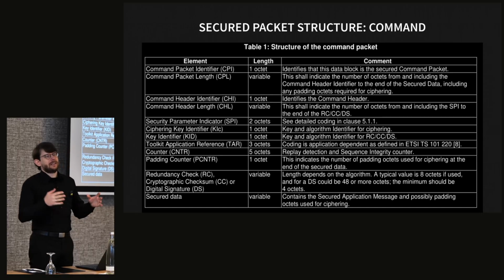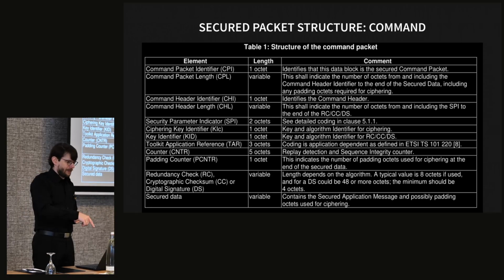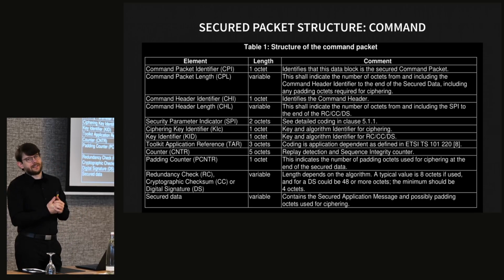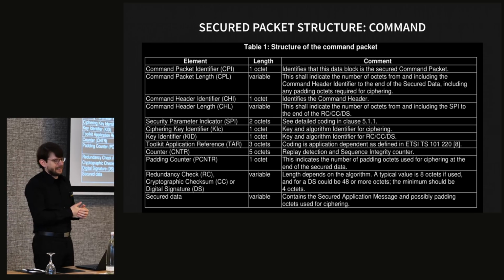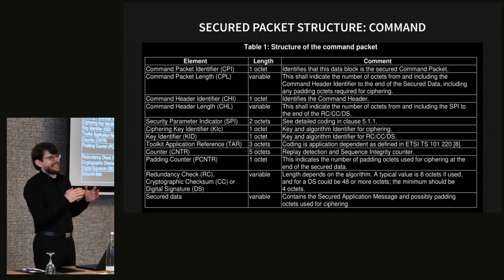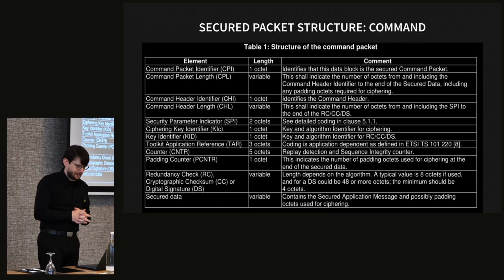So when you install a Java applet on a card and you want it accessible over this secured remote command packet mechanism, then you also need to configure the TAR, not just an AID. The TAR, which I think is 3 octets long, is a 24-bit address that defines which application on the card you want to reach when you send to it.